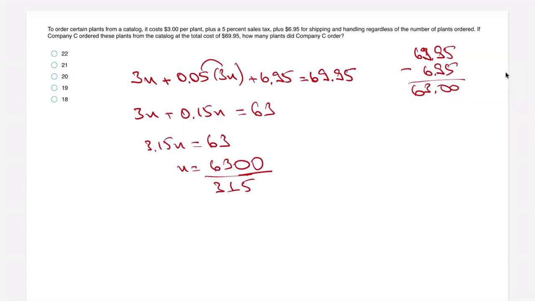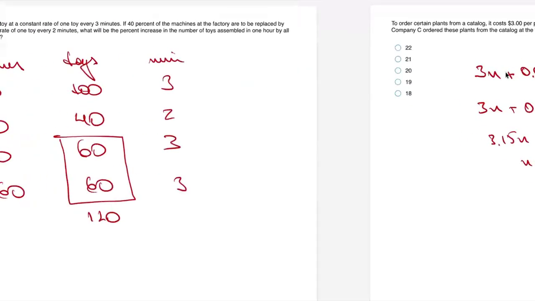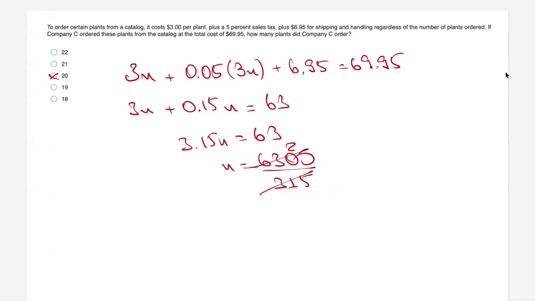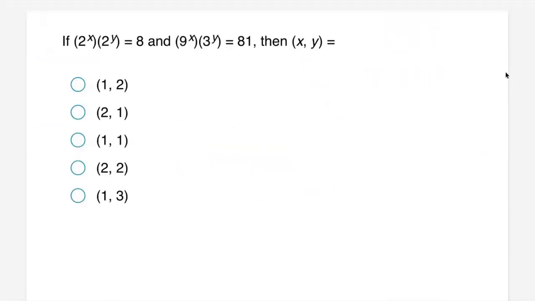Is that okay? Look, he gave this to me: 630, 315 is the double, so N is 20. Is that okay? Super. Next one.